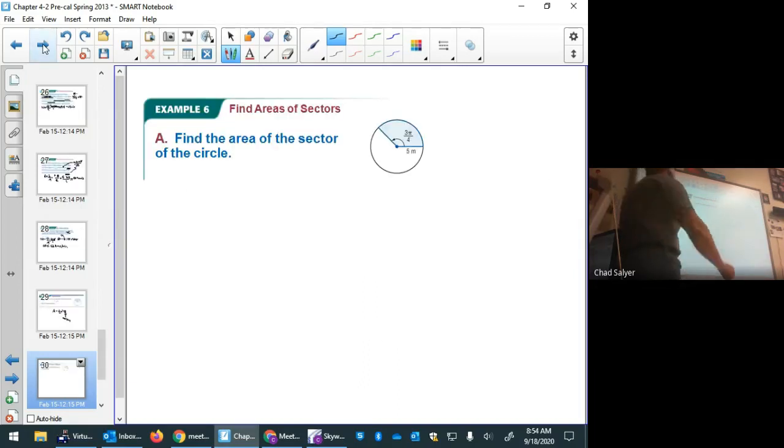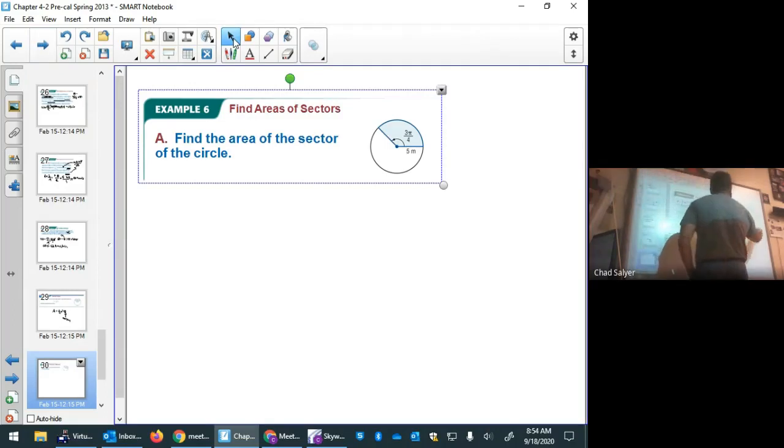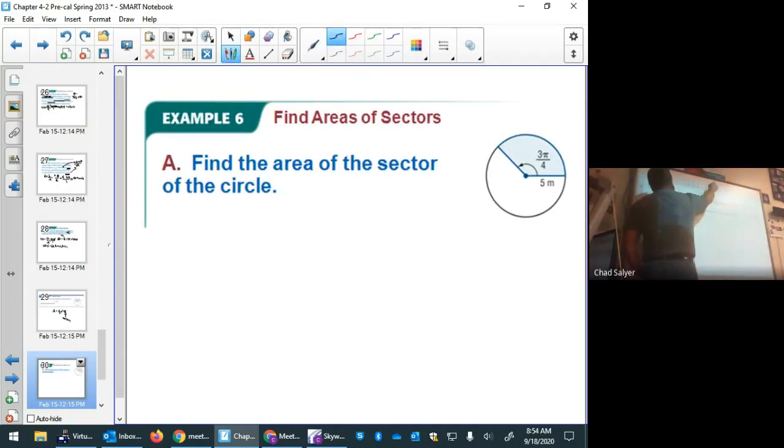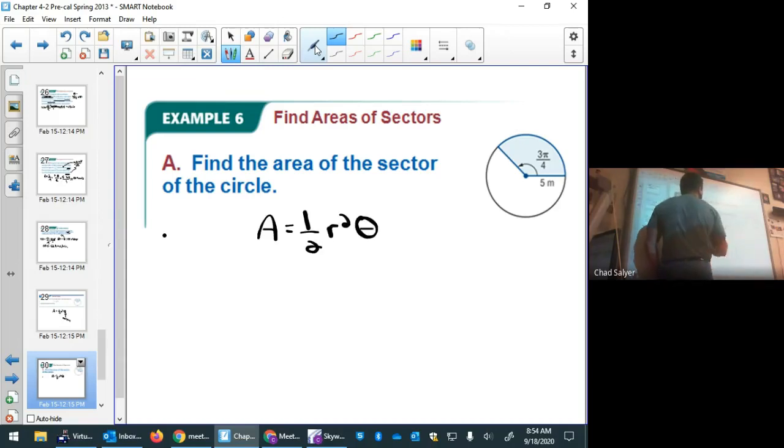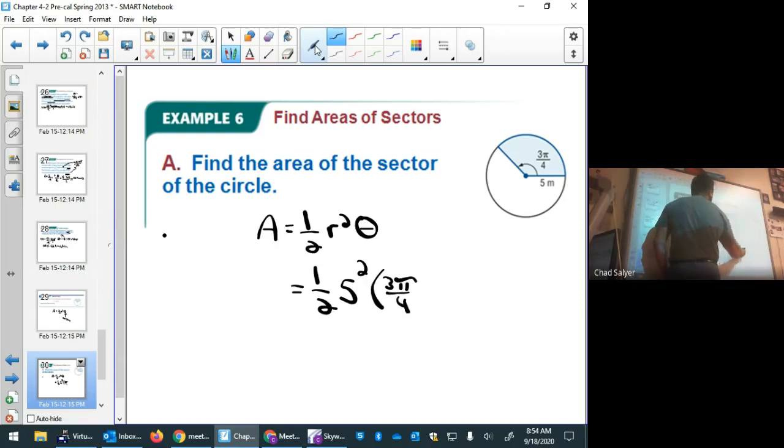Find the area of the sector. This is a little small, so let's get large. So I've got A equals 1/2 r squared theta. So that's 1/2 times 5 squared times 3 pi over 4.